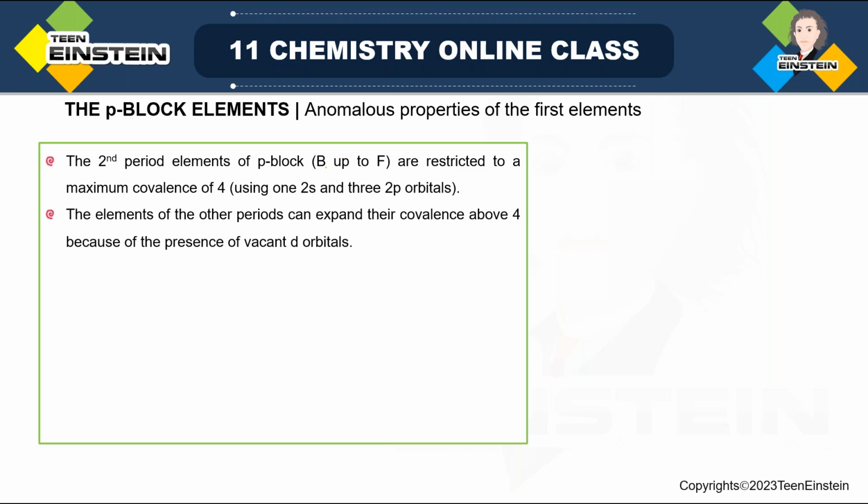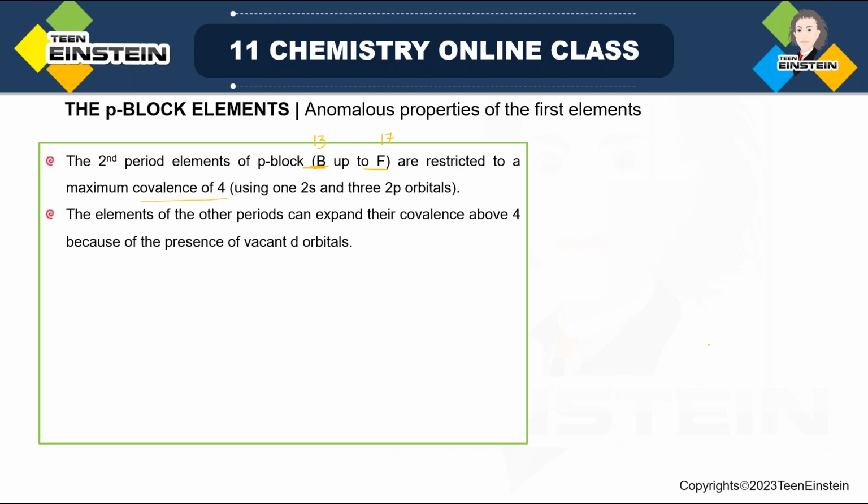The second period elements start from boron up to fluorine. Boron is the first member of group 13, and fluorine is the first member of group 17. In the case of these second period elements, the maximum covalence possible for them is 4.